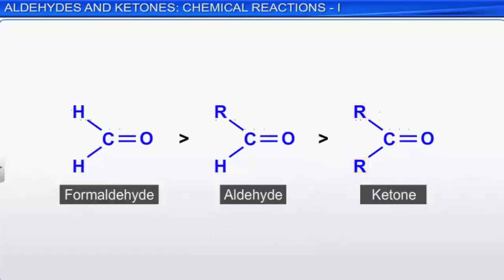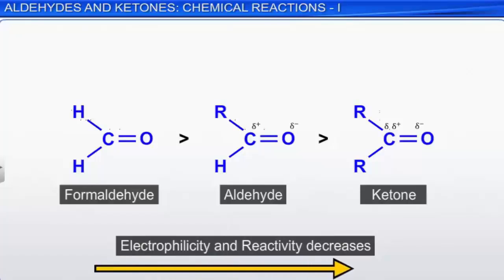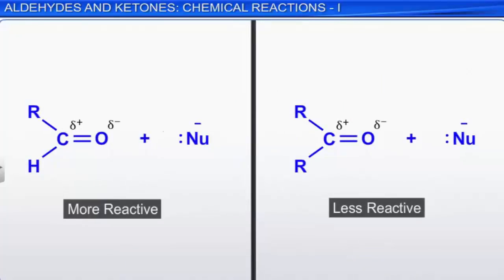Electronically, alkyl groups are electron-releasing groups that stabilize the carbonyl carbon by reducing the magnitude of positive charge on it. Hence, the electrophilicity of the carbonyl carbon, and therefore the reactivity, decreases with an increase in the number of alkyl groups. Sterically, the presence of bulkier alkyl groups in ketones hinders the approach of the nucleophile towards the carbonyl carbon.